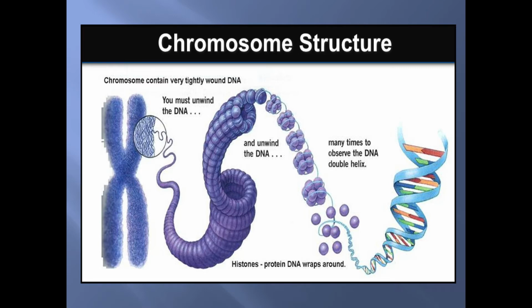Now they are condensed in the sister chromatids. The histone proteins are 8 in number. Histone proteins are those protein molecules that are specifically found with DNA because they help in packaging and coiling of the DNA strand into the nucleosome.